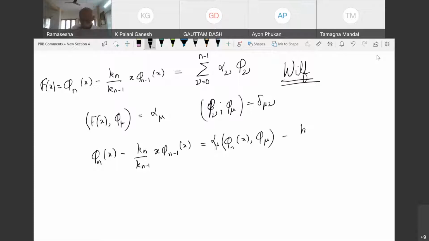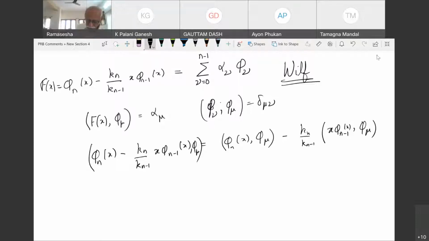So if I take the overlap of this one with p_mu, I don't have to have an alpha_mu.